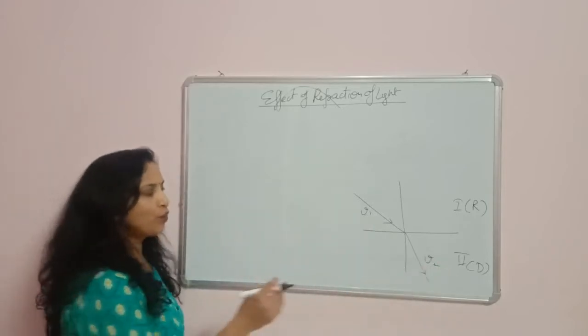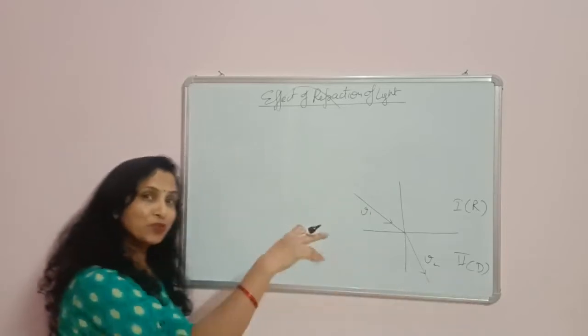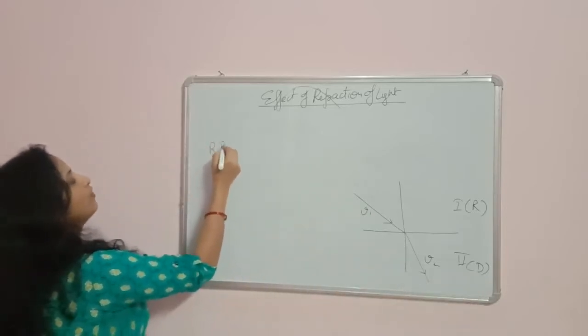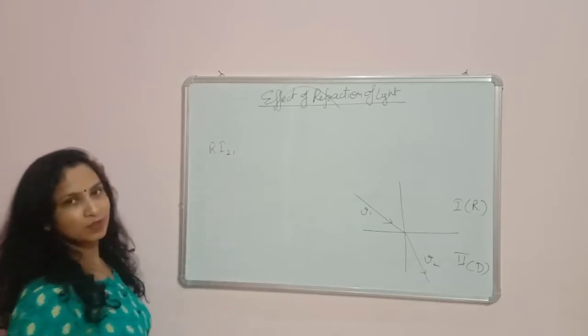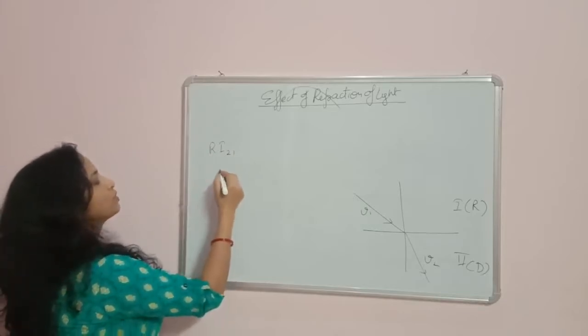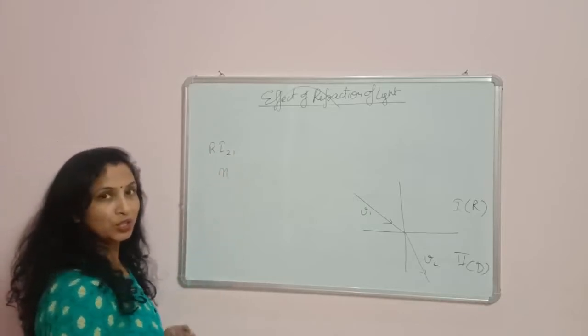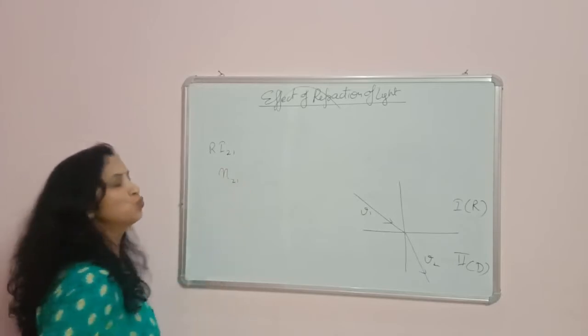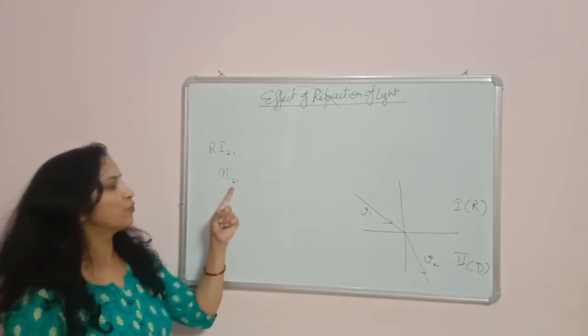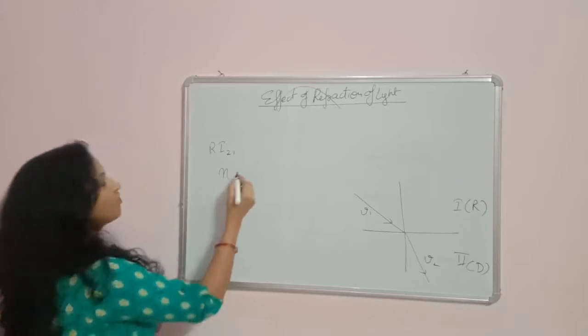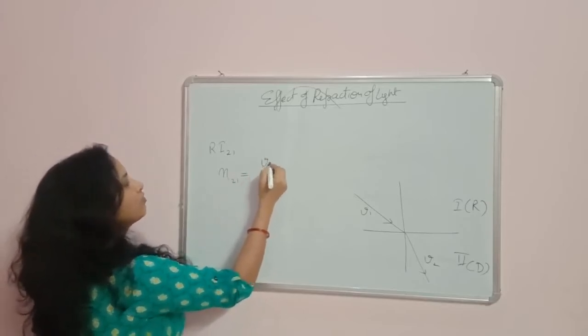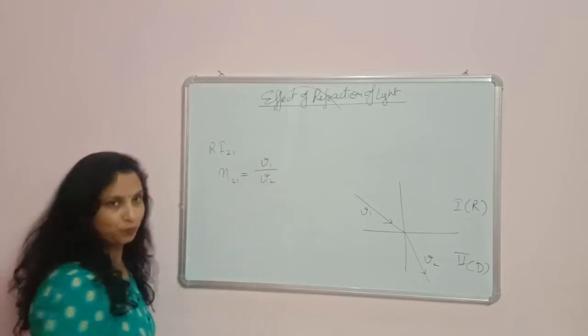If you want to find the refractive index of medium 2 with respect to 1, we also represent the refractive index by the symbol n. n21 means the refractive index of 2 with respect to 1. So it will be the speed of light in medium 1 upon the speed of light in medium 2.